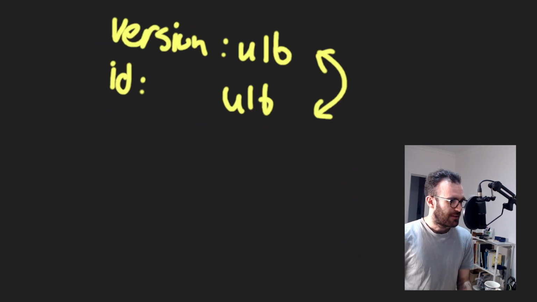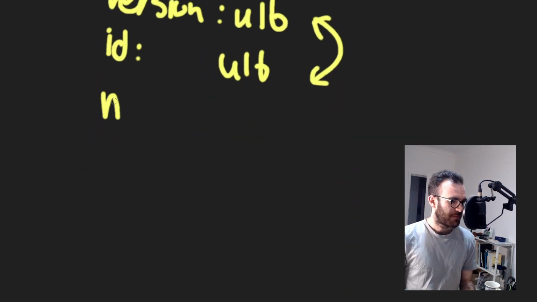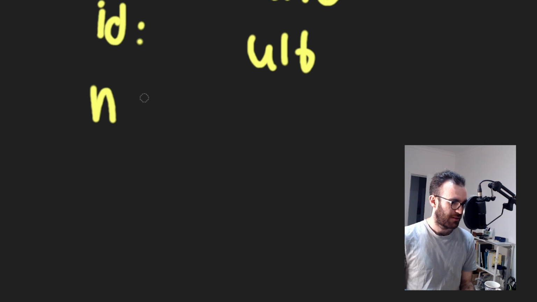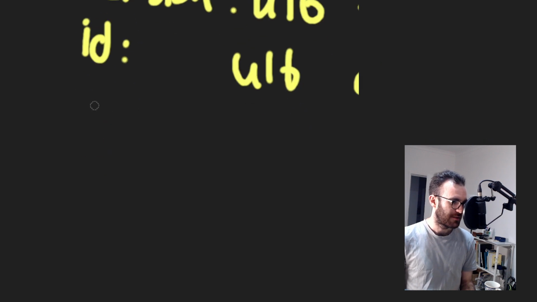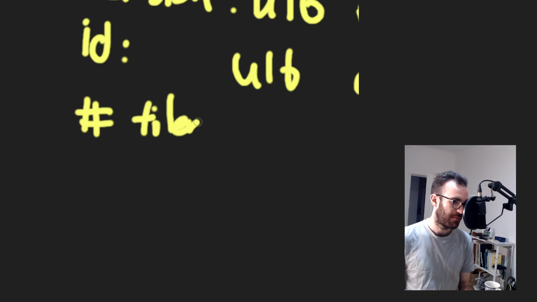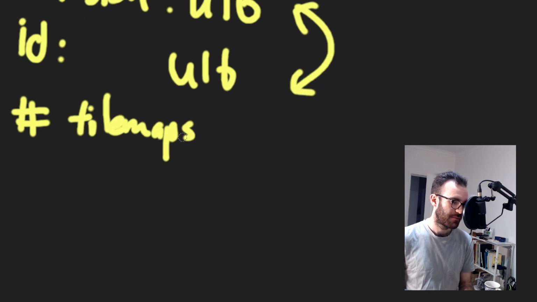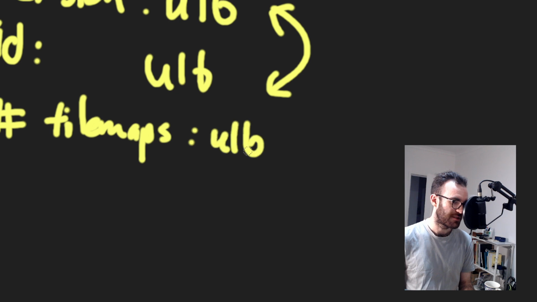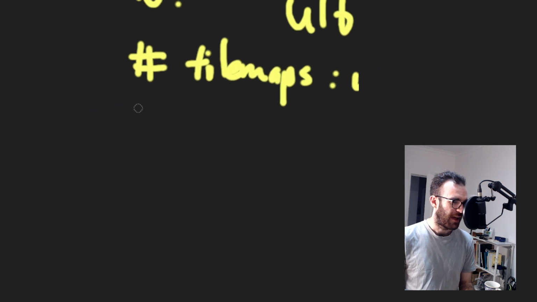And then we need the number of tile maps. Let's actually use a real number, hash number of tile maps, which is also going to be a U16. Actually, this can be a U8.